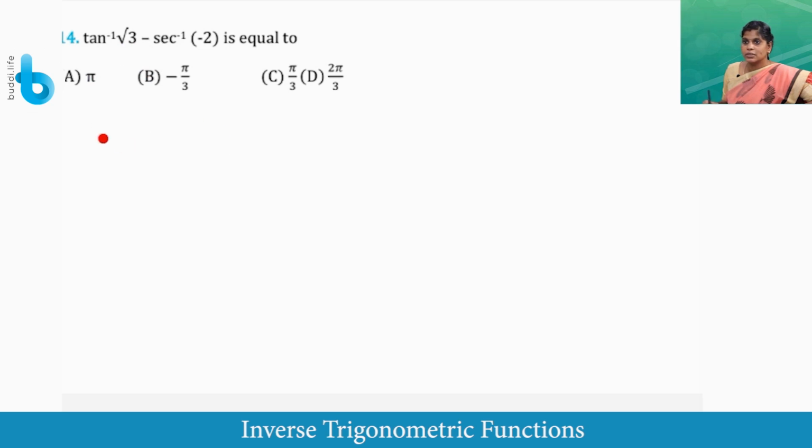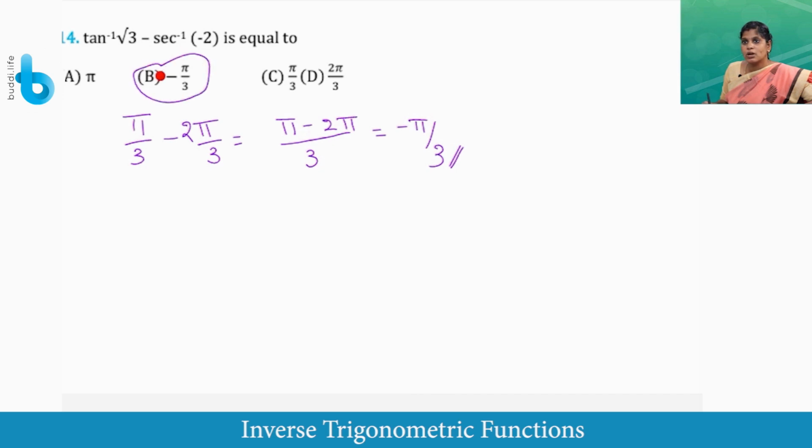In the previous sums, you will get tan inverse of root 3 is pi by 3, and the other value is 2 pi by 3. So pi by 3 minus 2 pi by 3 is minus pi by 3. Therefore, the correct option is option.